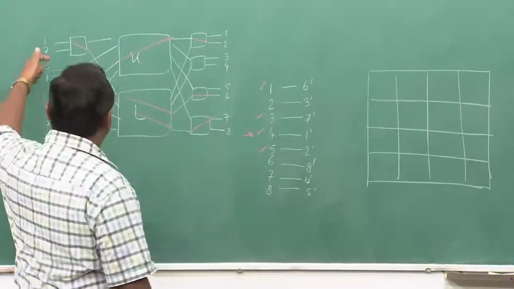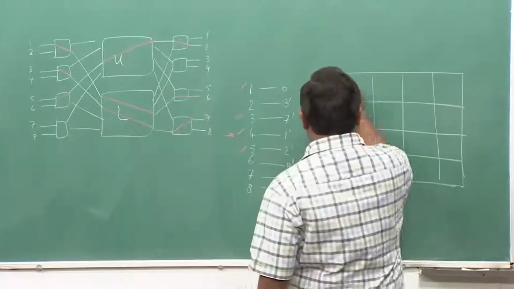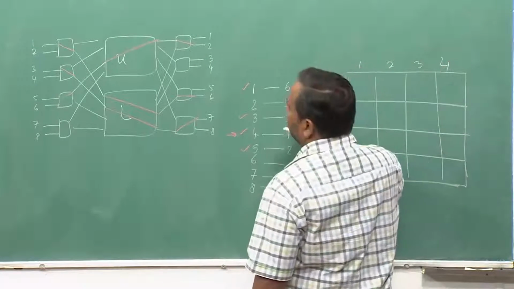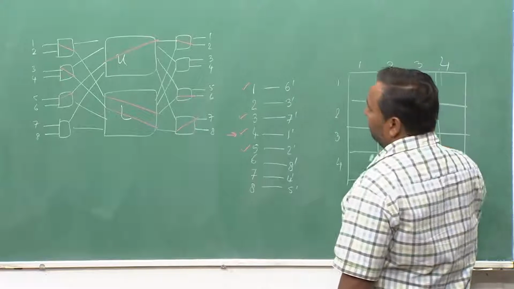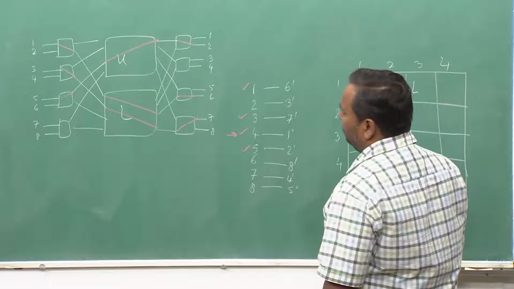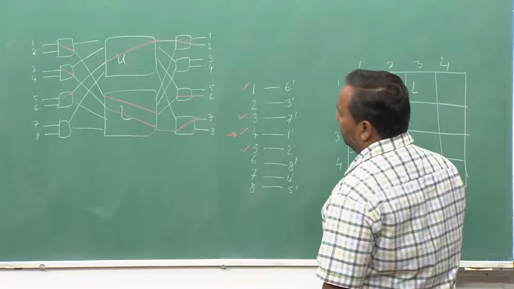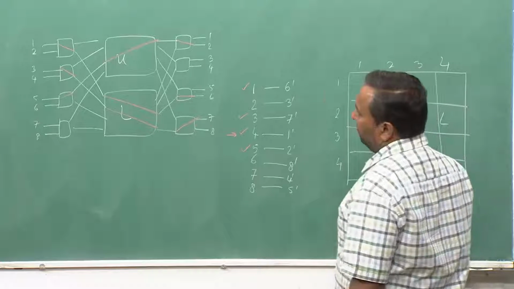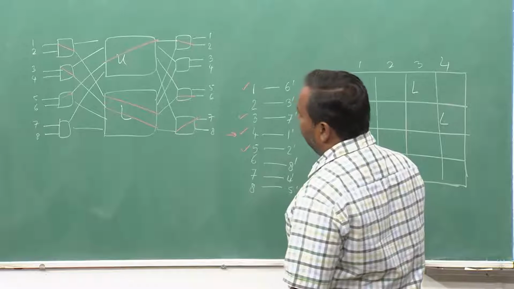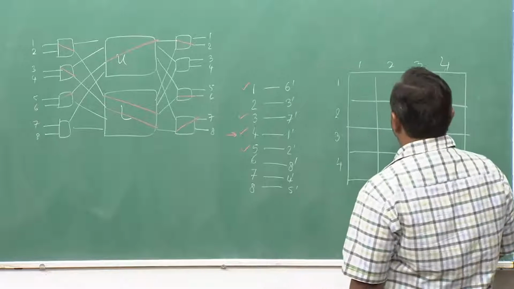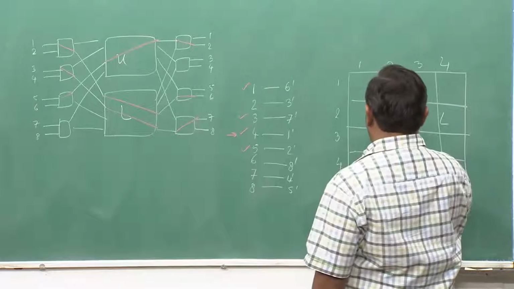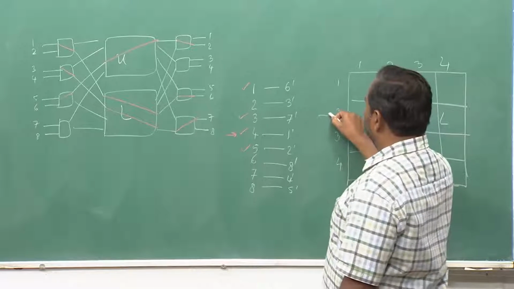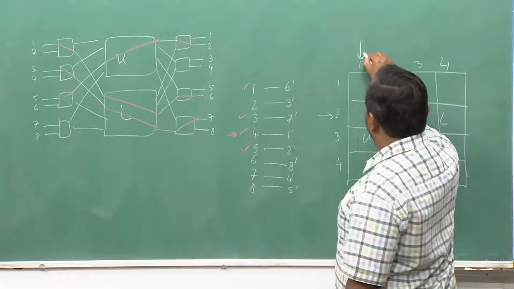So, 1 to 6 when I did, it was through lower, then I did 3 to 7 which was lower, and then I did 5 to 2 which was upper, and then I was doing 4 to 1 which corresponds to this row and this column.